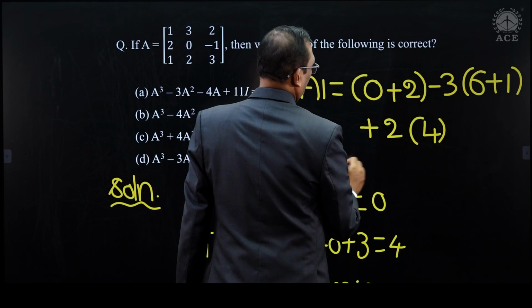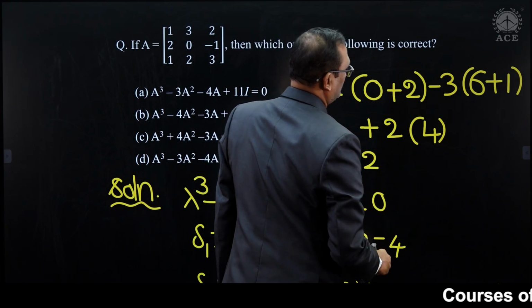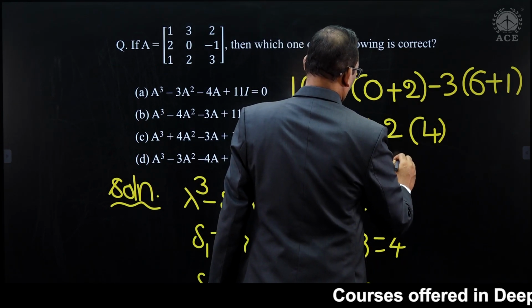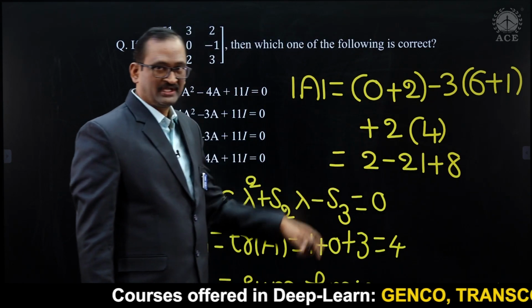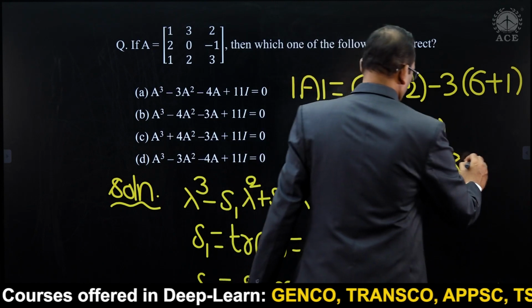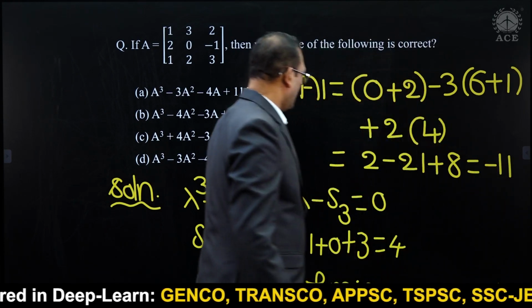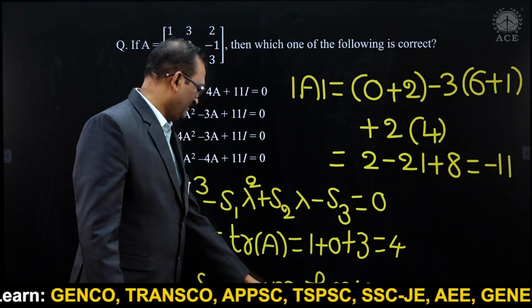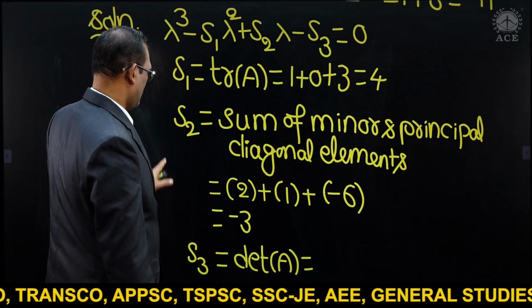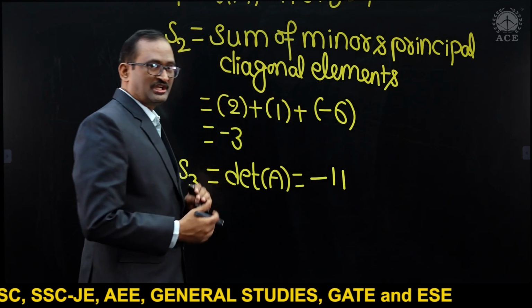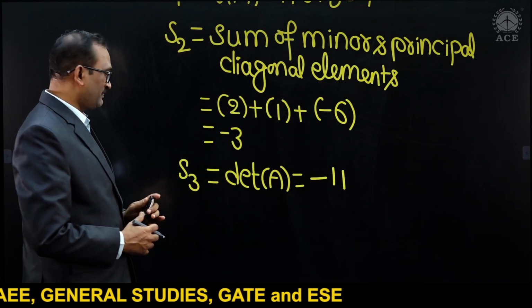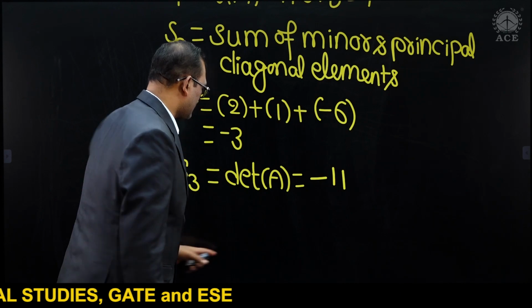This is equal to 2 minus 21 plus 8. So that is 10, 10 minus 21, that is minus 11. Det A is equal to minus 11. So substitute the complete information in the given equation, I mean the characteristic equation.